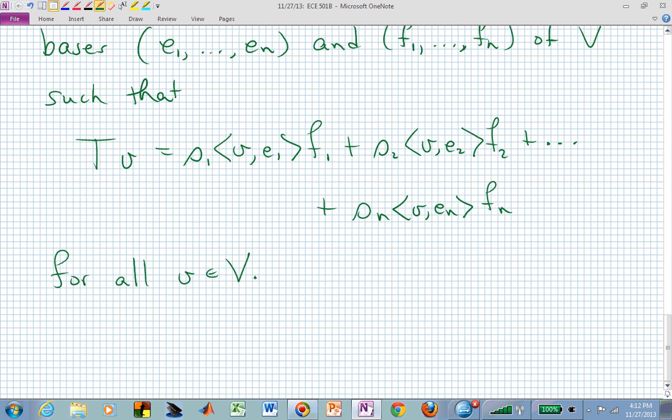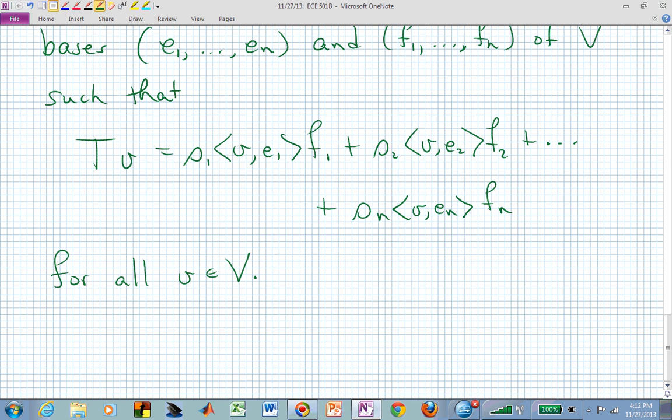And we could think of these E's as influencing the input into our operator. So we say, how does V align with the E's? And if that's a big value, this inner product will be big. And then we'll redistribute or remap that information through another set of orthonormal vectors, F1 through F sub n.